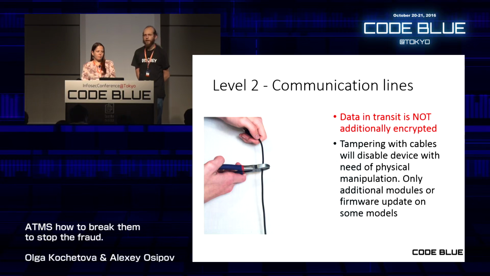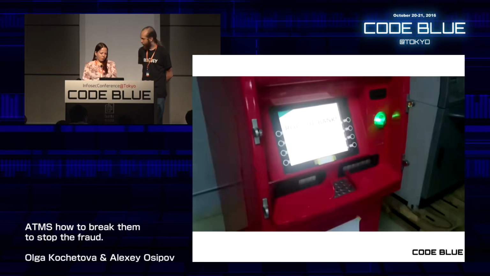But unfortunately, they are only selling snake oil, and such devices only increase costs but not security. Not all of them, of course, but many of them are. And here's an example that Olga will show you.